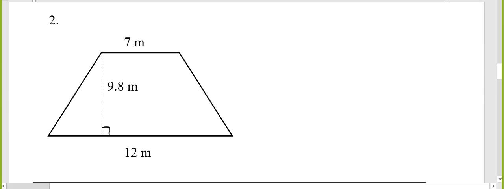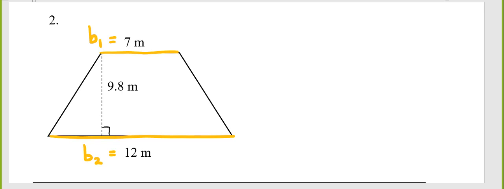I'm going to pause the video and let you go look at it. For number 2, the bases. Base 1 is 7 meters. Base 2 is 12 meters. And my height is 9.8 meters.